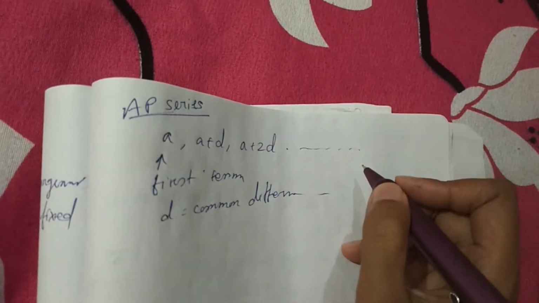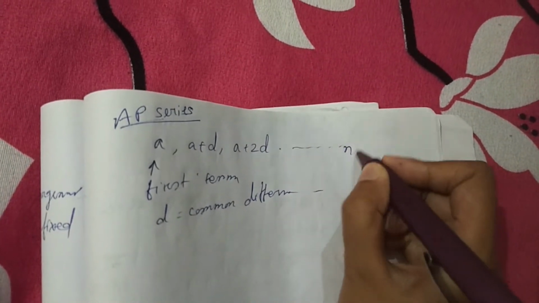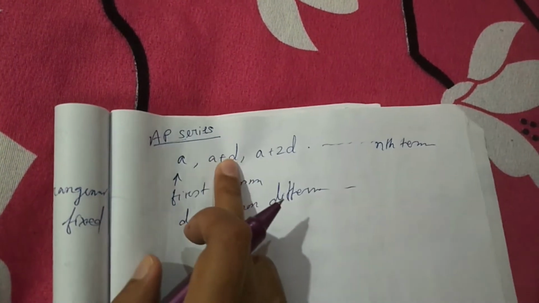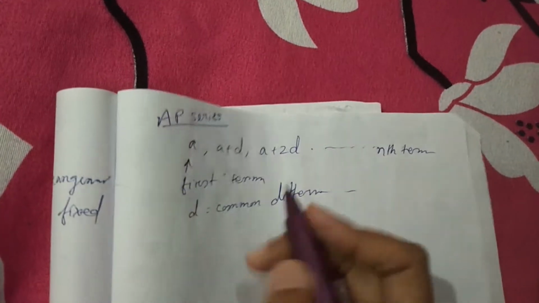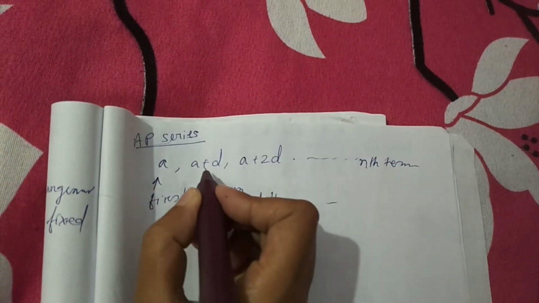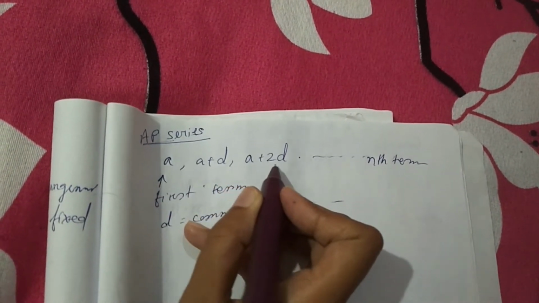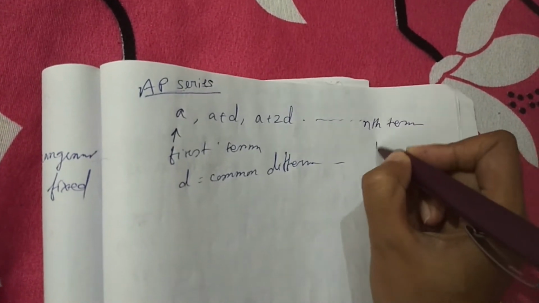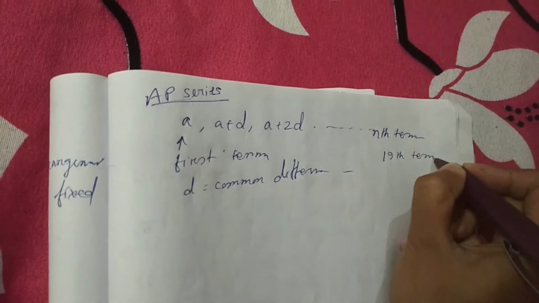Now if I talk about the nth term, the first term is a, the second term is a plus d, the third term is a plus 2d. What will be the nth term? Suppose the 19th term, what will it be?